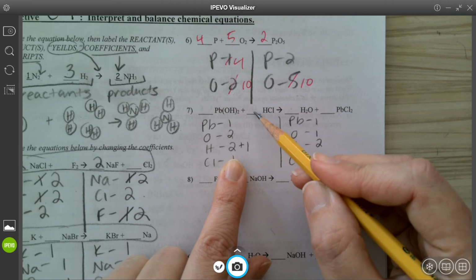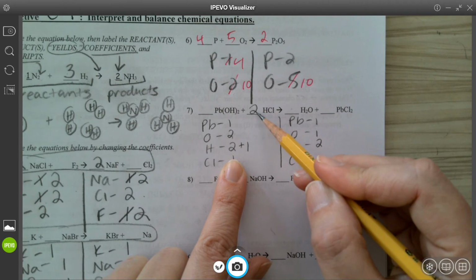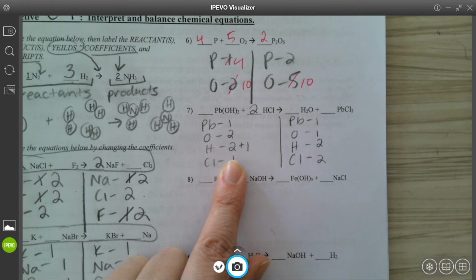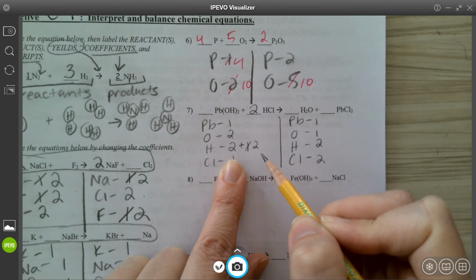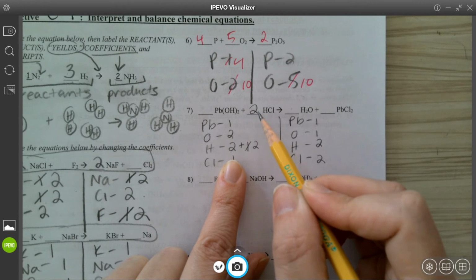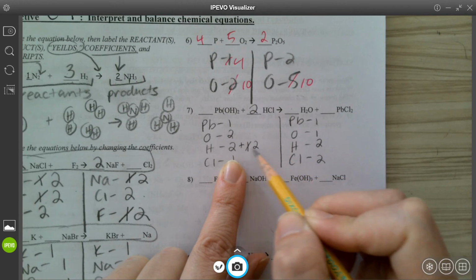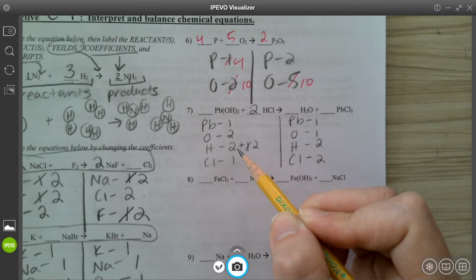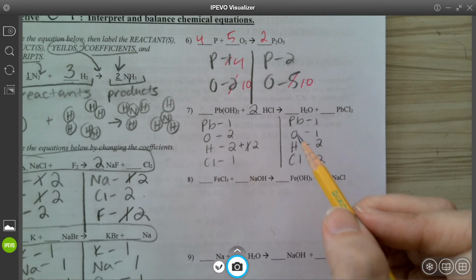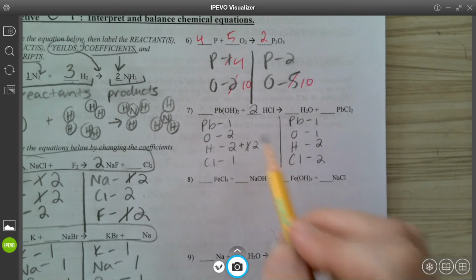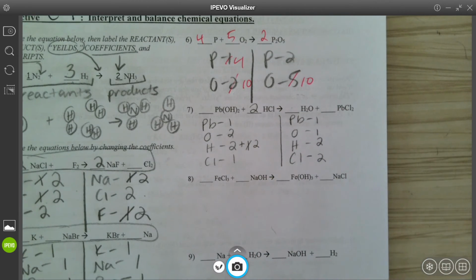A 2. If I knock that up to a 2, or any multiple of 2 thereafter, I know that the hydrogen is going to be even on this side. So by putting a 2 there, getting this total up to 4, that sets you off on the right path. I'm going to stop talking there, but once you have the 2 in front of the HCl, that'll get you on the right track.